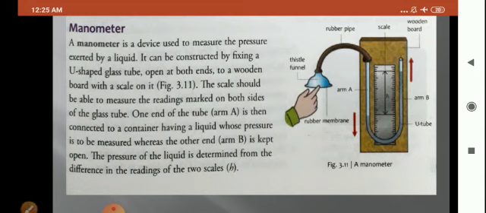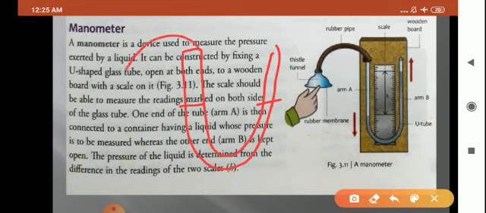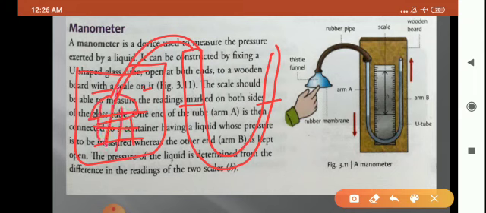In the beginning, initially, whatever liquid is inside this U-shaped glass tube will remain at the same height. But as soon as you are going to determine the pressure exerted by a particular liquid, what will you do? You will dip it into that liquid, whichever liquid you need to determine the liquid pressure of. Now the pressure will be exerted by the liquid, due to that a pressure difference will be created in this U-shaped glass tube.